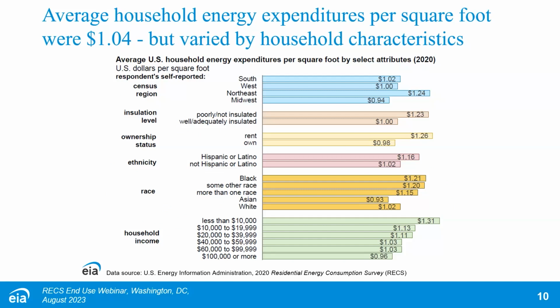So renters pay 28 cents more per square foot for energy than owners. And some reasons for this may include that maybe a landlord is reluctant to invest in energy efficiencies for rentals, or maybe renters may not engage in energy saving behaviors, especially if their utilities are included in their rent.